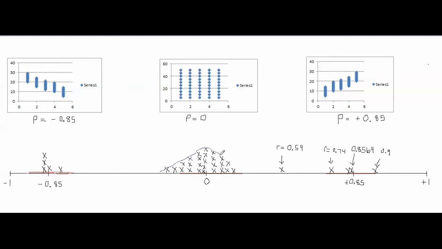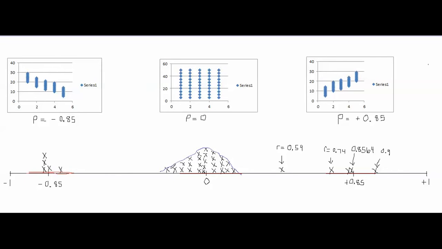So if you keep on taking more and more random samples from a population with no correlation, and you calculate the correlation coefficient of each of your samples, the sample correlation coefficients eventually start to follow a roughly normal distribution like this, with a center at 0.